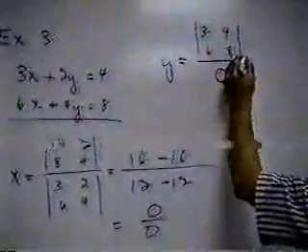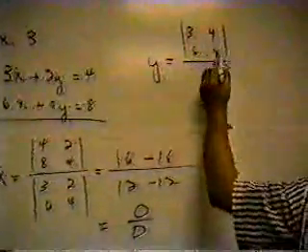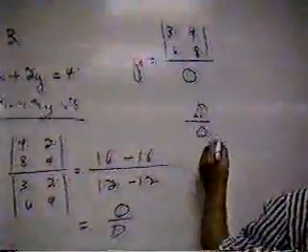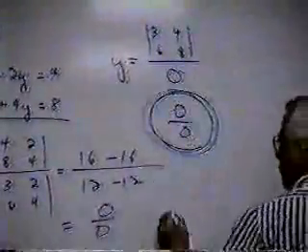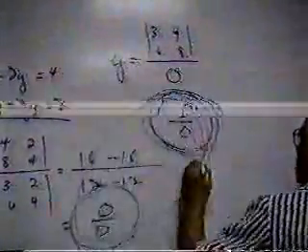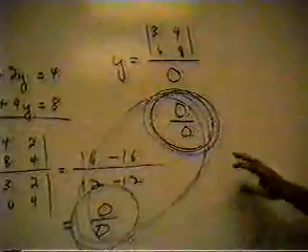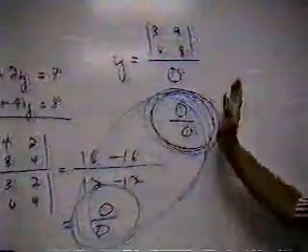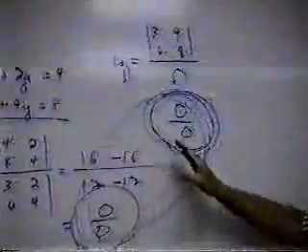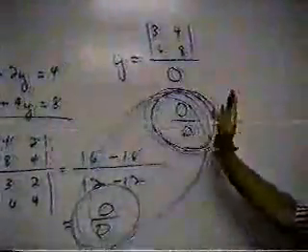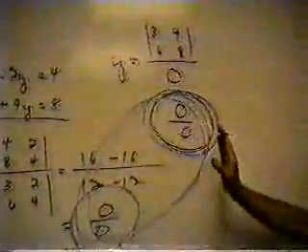Multiplying down, we get 24 minus 24, so we get 0 over 0. Now, look at your notes, and remember this. If you get 0 over 0 for all the letters, then this is a many solution.